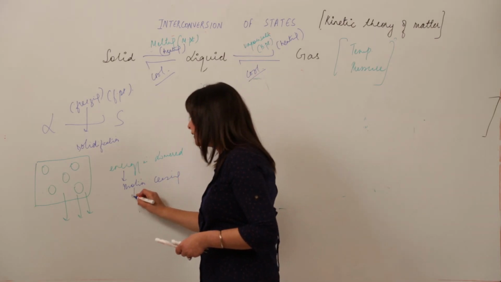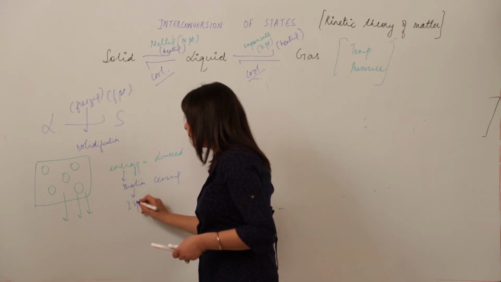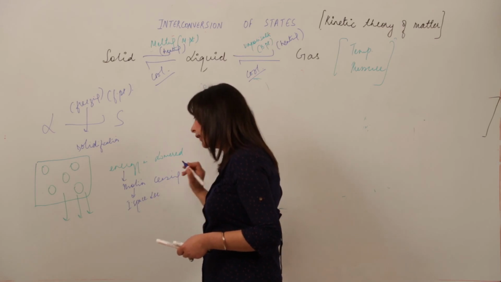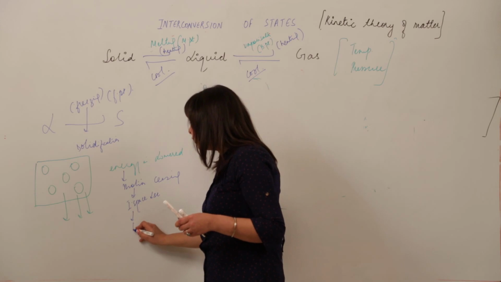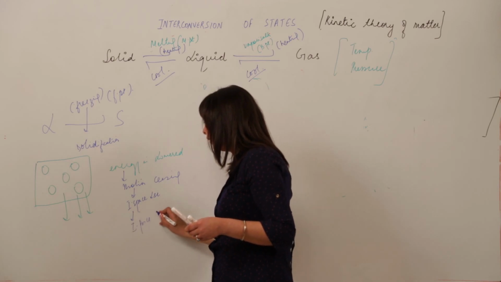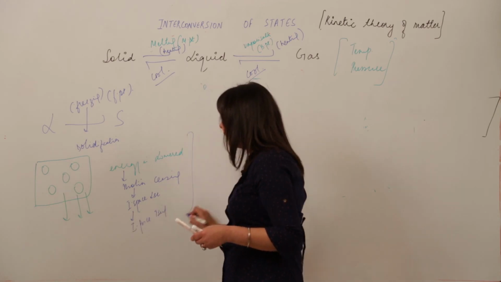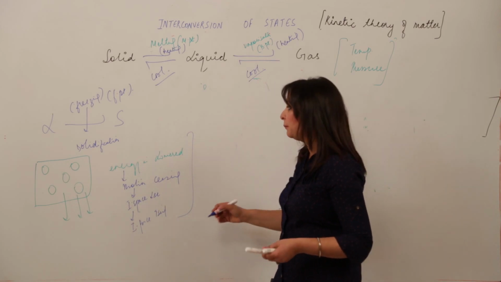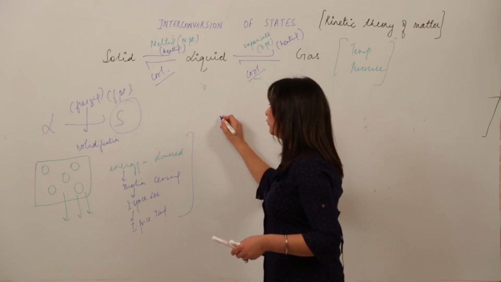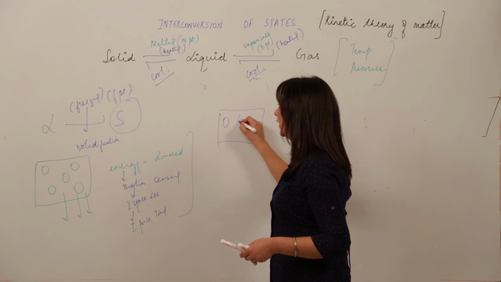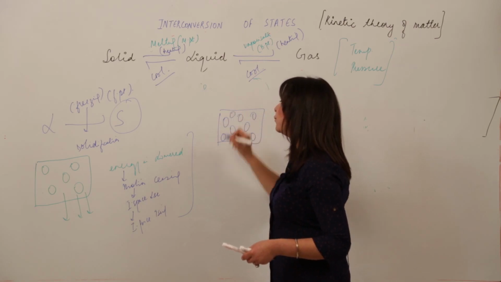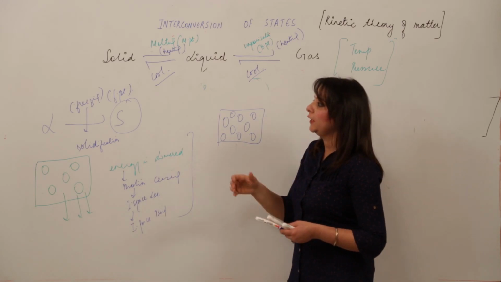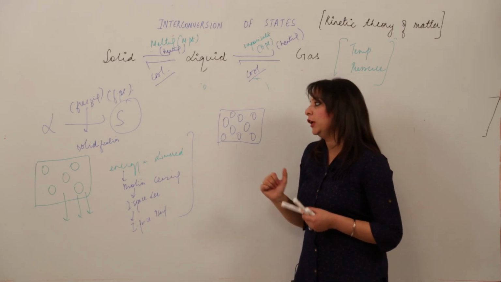When the motion is decreasing, the intermolecular space is decreasing, and the particles come closer to each other. That means intermolecular force is increasing, and when all these properties happen, that is the state of solid, where particles are closely packed, less intermolecular space, more force. So this is how the liquid gets converted into the solid.